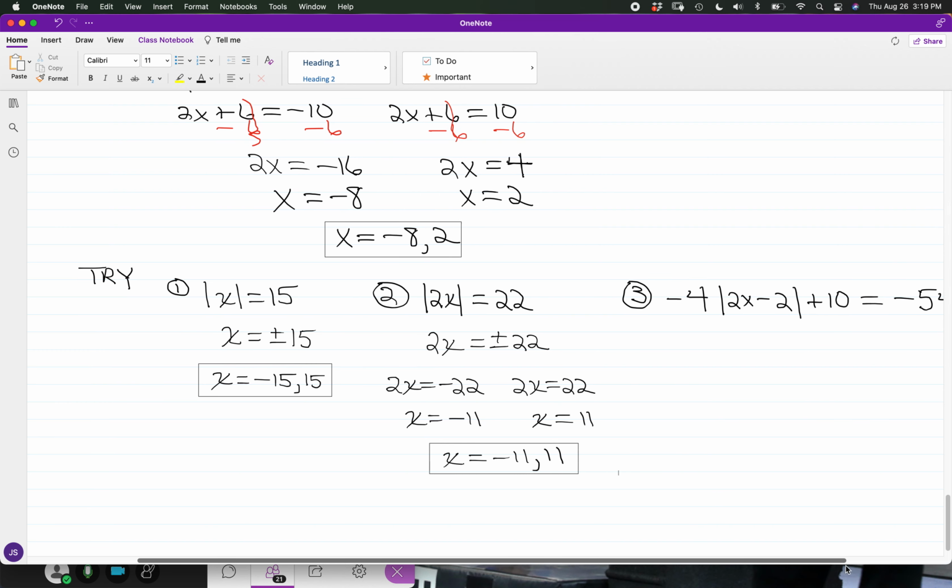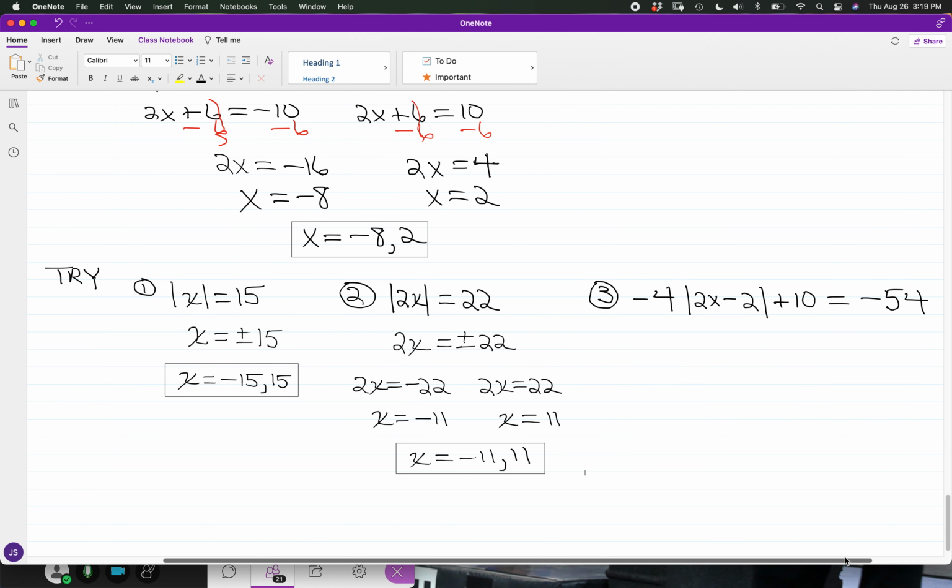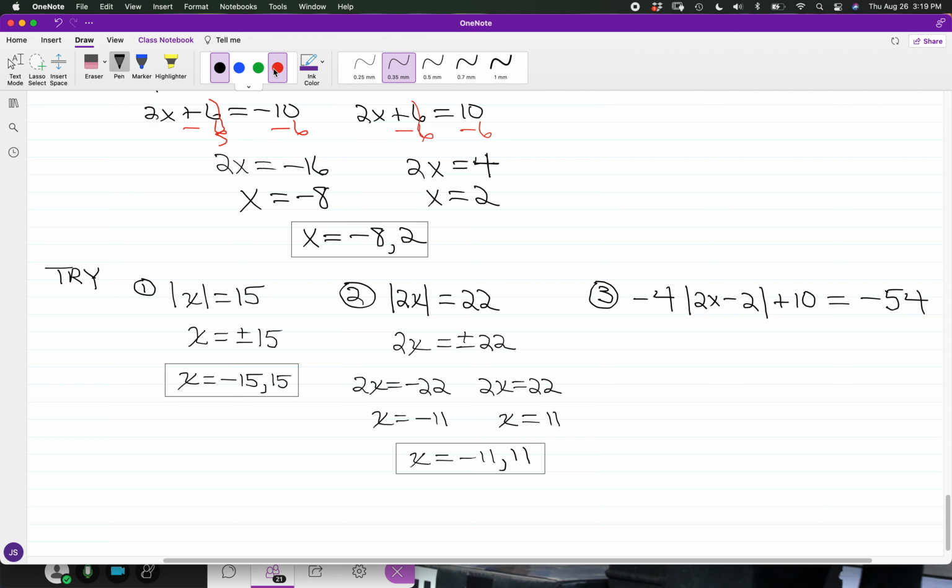Now, in this third case, in looking at solving for x, we have negative 4 times the absolute value of 2x minus 2, followed by the addition of 10, is equal to negative 54. If I isolate the absolute value term, I'm not going to treat 2x minus 2 as you would in the parentheses.